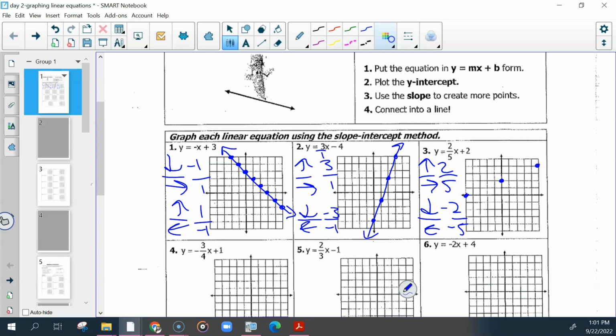Sometimes you'll have a bunch of points, sometimes you'll have minimum 2 points, and it could be anything in between. Questions so far?